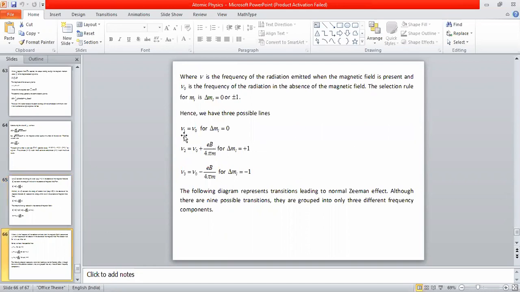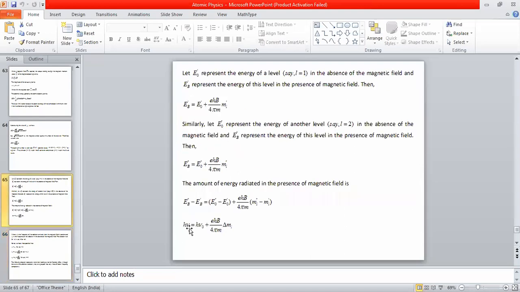So the frequency of the emitted photon in the presence of the magnetic field will have the same frequency as that of the photon emitted in the absence of the magnetic field when delta ML is 0. Delta ML equal to +1 can also be given. If delta ML is +1, h nu is equal to h nu naught plus eHB divided by 4 pi m.